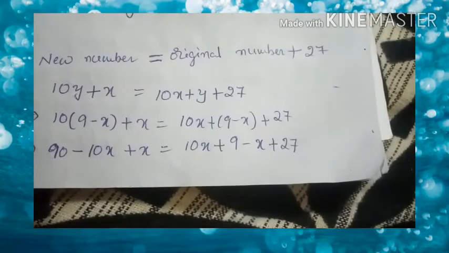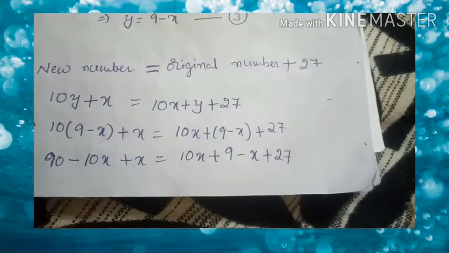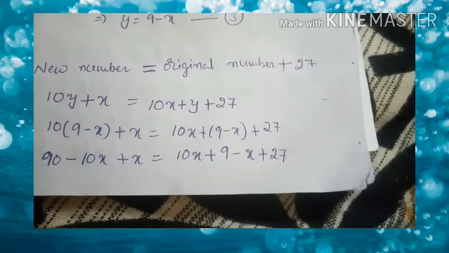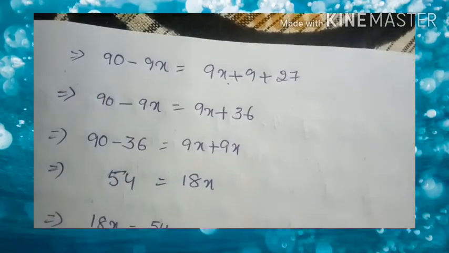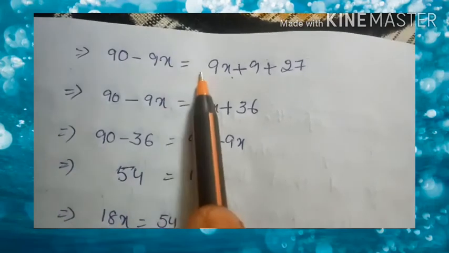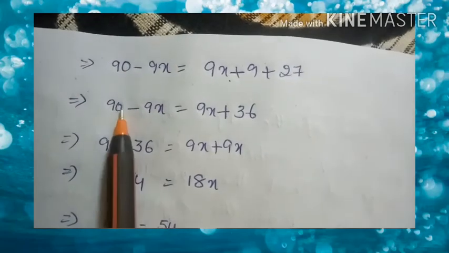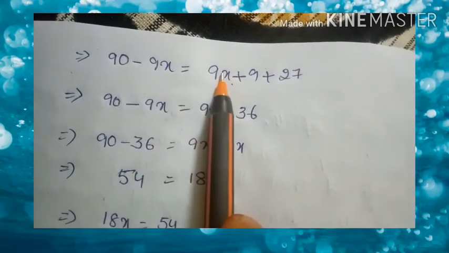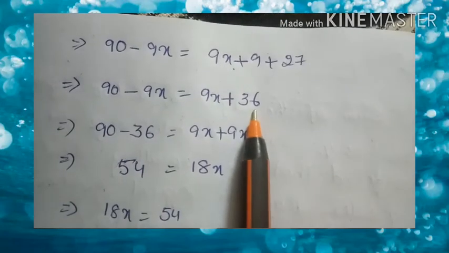That means write variable values on one side and constant values on one side. So 90 minus 9x is equal to 9x plus 9 plus 27, that is 36.